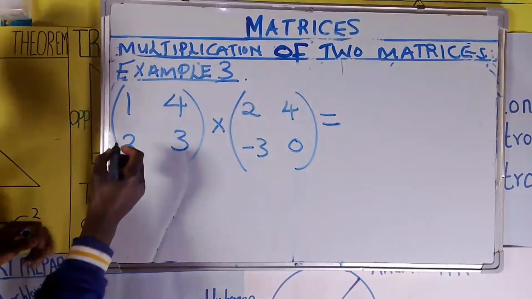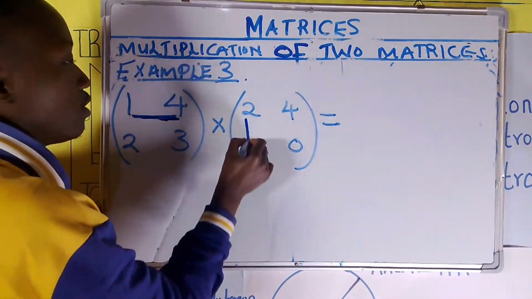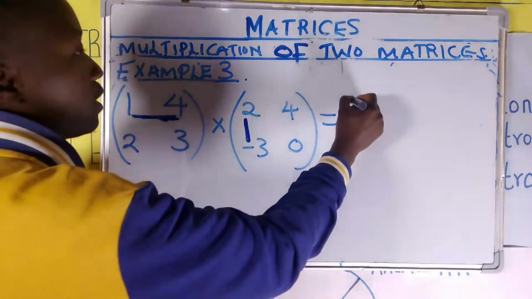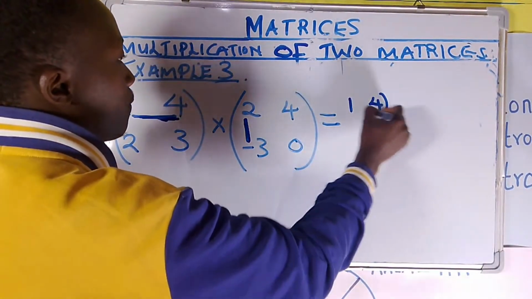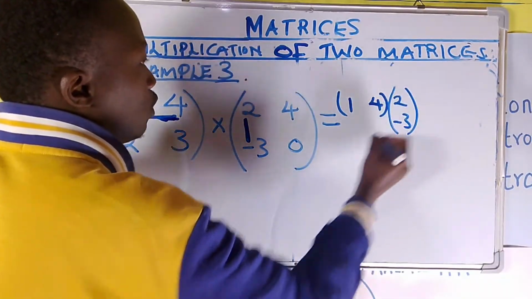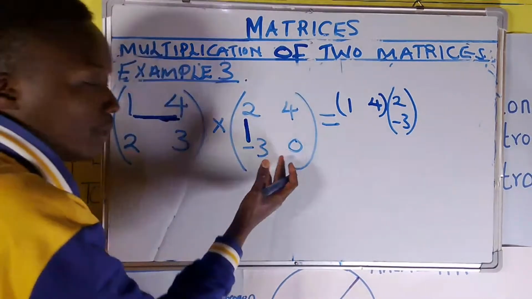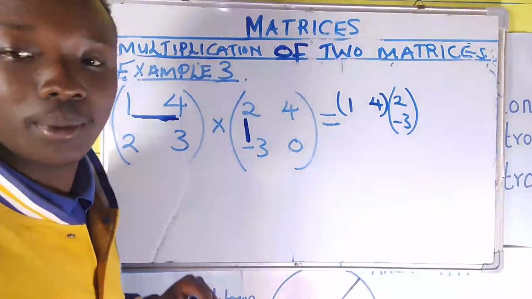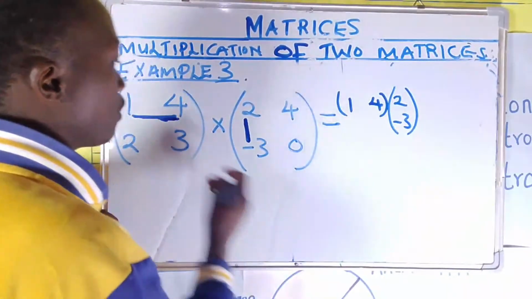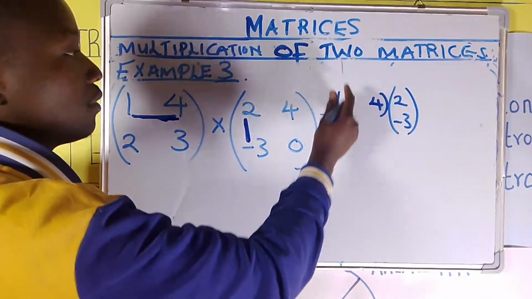So the first thing to multiply will be the row 1, 4 and the column 2, negative 3. That will give us the first digit. A 2 by 2 matrix times a 2 by 2 matrix will definitely give us a 2 by 2 matrix.